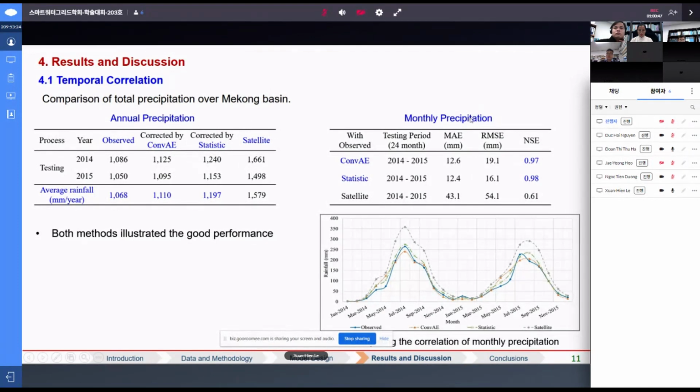And for monthly precipitation, it shows a similar trend, with the R-squared value for the deep learning model and the statistical model showing good performance of about 98%. It means that in terms of the temporal correlation, those methods illustrate good performance. And this figure compares the correlation of the monthly precipitation. You can see the good correlation.